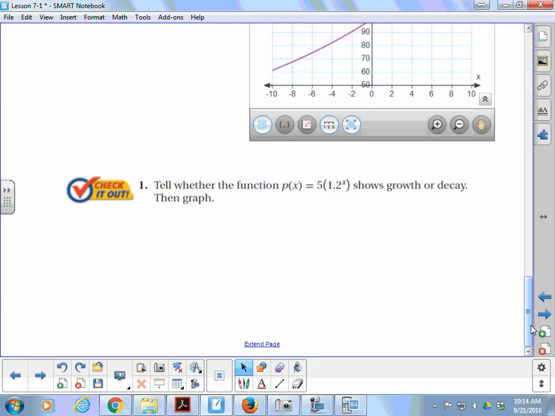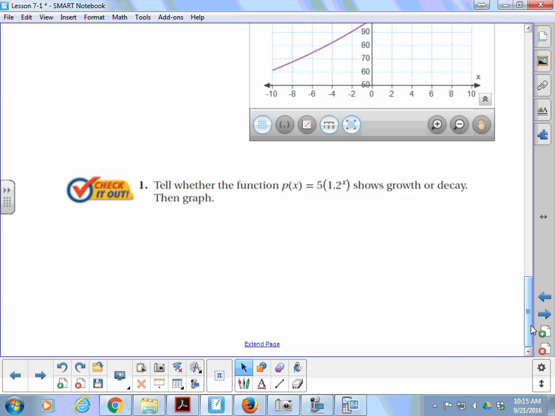I'm going to want you to put those graphs on paper, but I want them to be accurate. If you're going to put this on paper, you need to show me your y-intercept and a couple points on each side of it, so a couple of negative values and a couple of positive values.